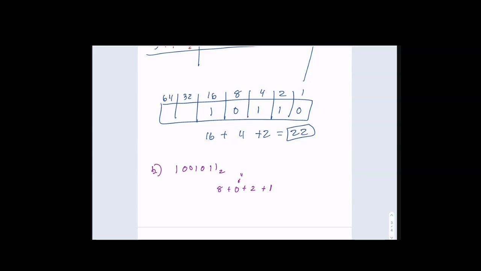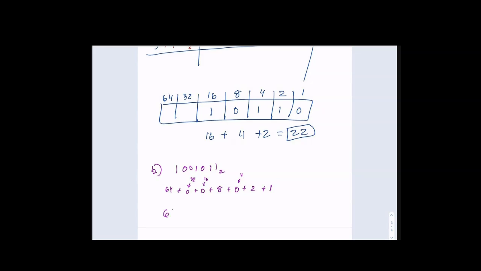So 8 plus a 0, that's where 16 would have been, plus a 0, that's where 32 would have been, plus 64.